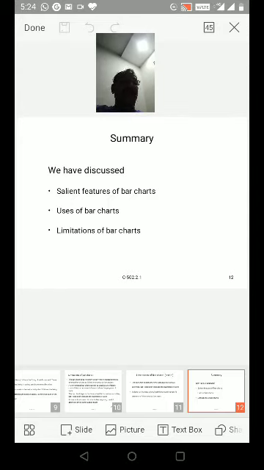Bar charts are useful for planning and scheduling projects.